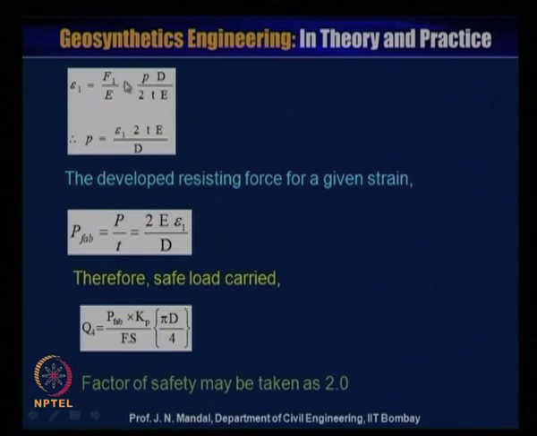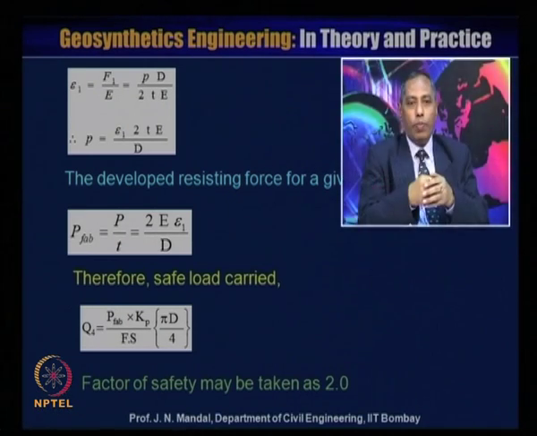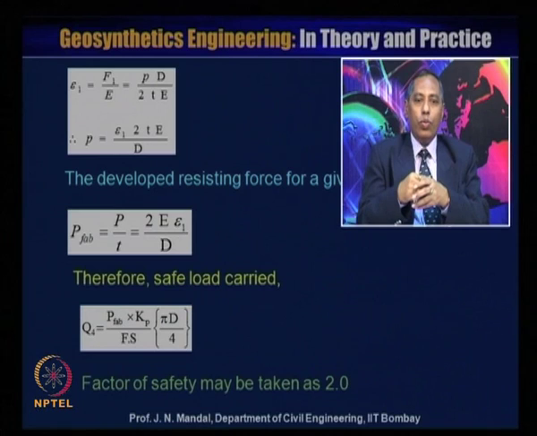So epsilon 1 is equal to F1 by E, equal to p by 2 into D divided by T into E, where p will be equal to epsilon into 2 into T into E divided by D. So the developed resisting force for a given strain, p of fabric, is equal to p by T, that means p equal to 2 into E into epsilon 1 by D. Therefore, the load carried Q4 will be equal to p fab into Kp divided by Fs into pi d by 4, where the factor of safety may be taken as 2.